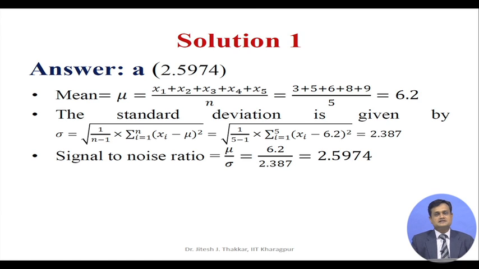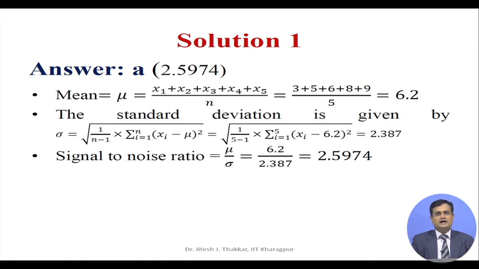You can very well see the solution that mean is equal to mu is equal to x1 plus x2 plus x3 plus x4 plus x5 divided by n, which is equal to 6.2, and the standard deviation sigma is equal to square root of 1 upon n minus 1, summation i equal to 1 to n, xi minus mu whole square, which comes out to be 2.387.